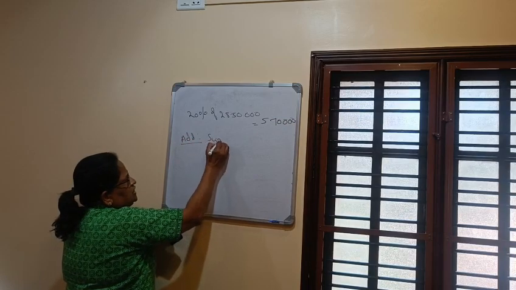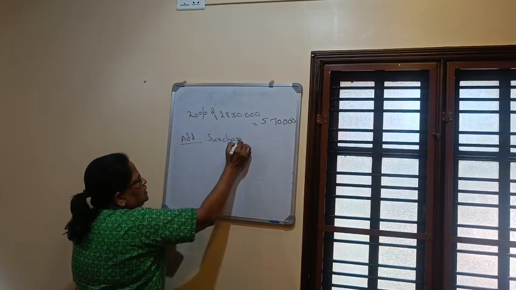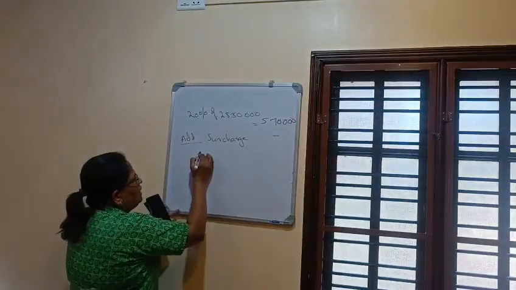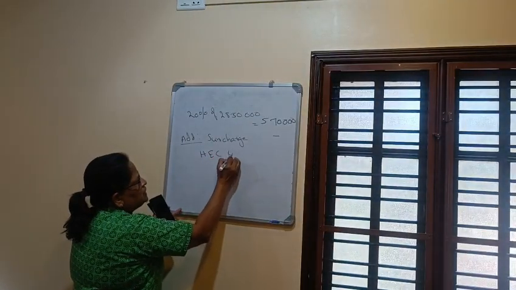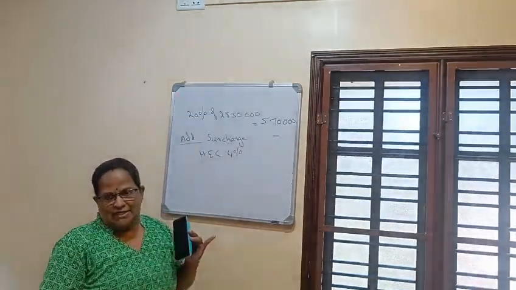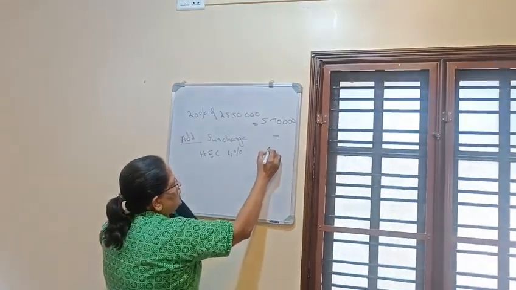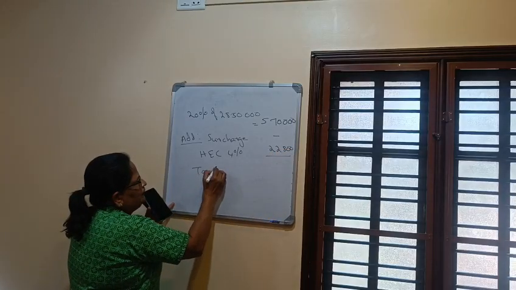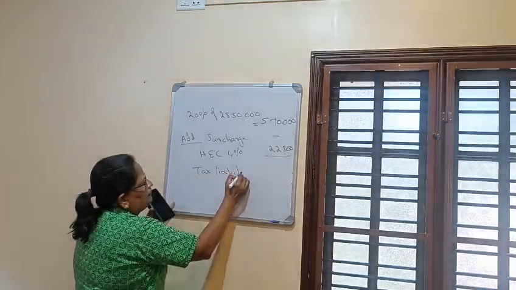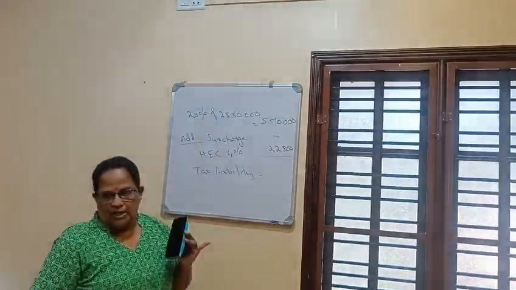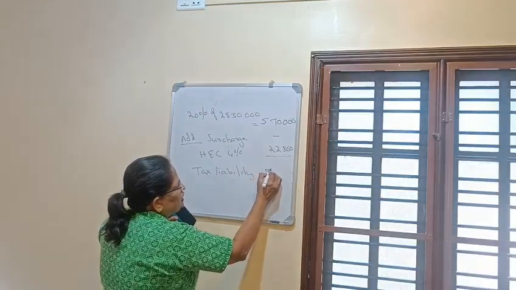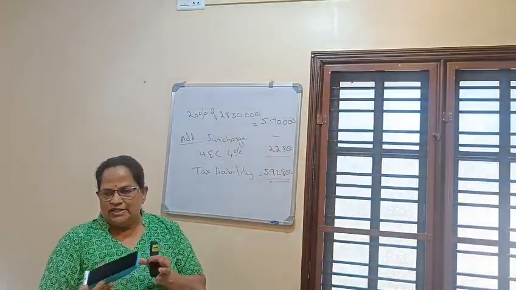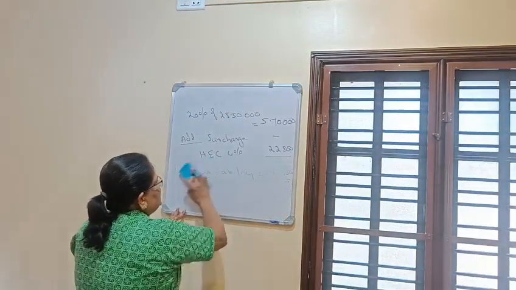Here there is no surcharge because his income is not mentioned as exceeding 50 lakhs. But 4% higher education cess you have to add on 5 lakhs 70,000. The value is 22,800. Now the total tax liability is 5,92,800. So this is the tax liability with indexation.